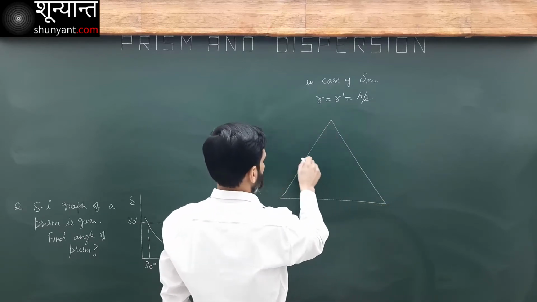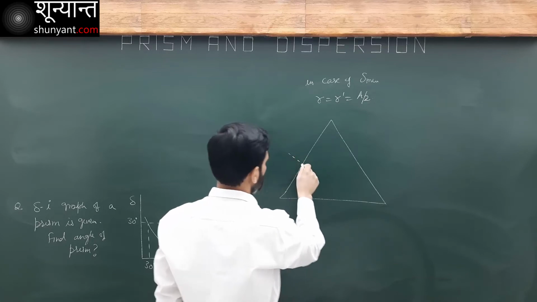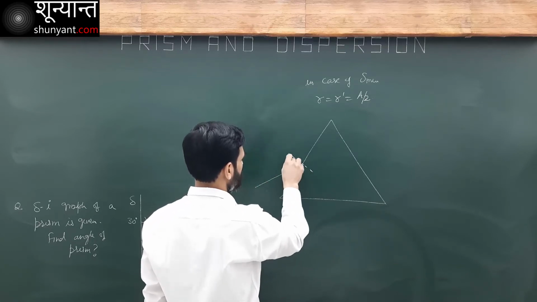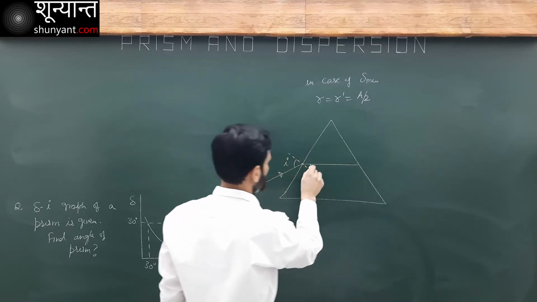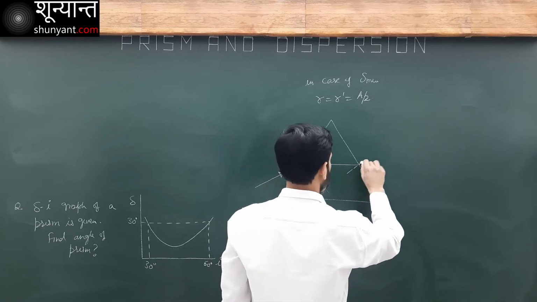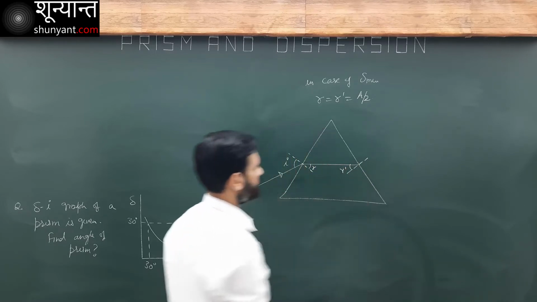What are these two angles? This is I. This is R. This is R. And this thing is R dash. This thing is R dash.